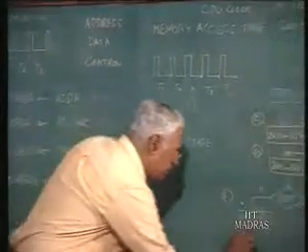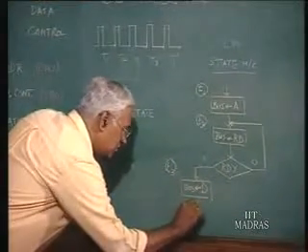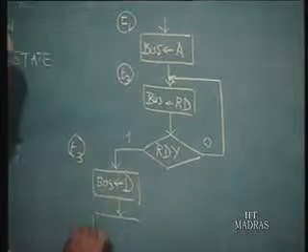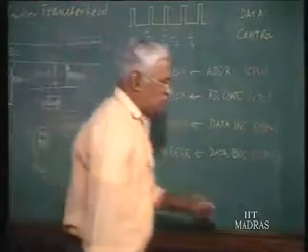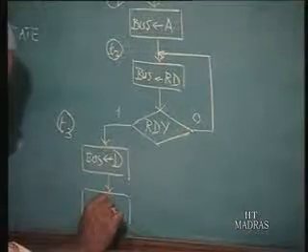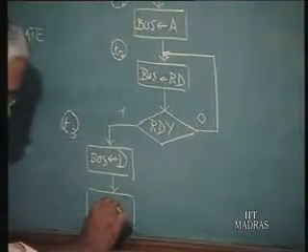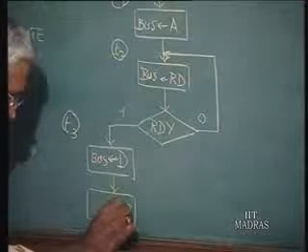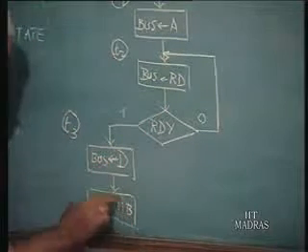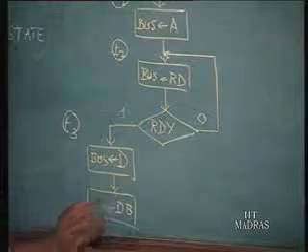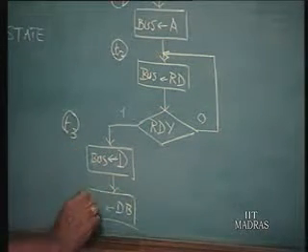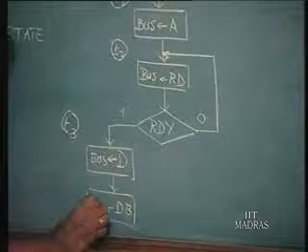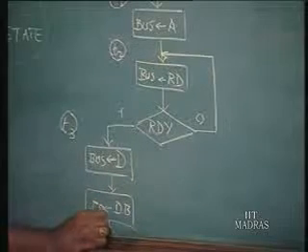Good. So after this, the data that is available on the bus goes to the instruction register. Whatever data is available on the bus goes to the instruction register, and so on, it proceeds.